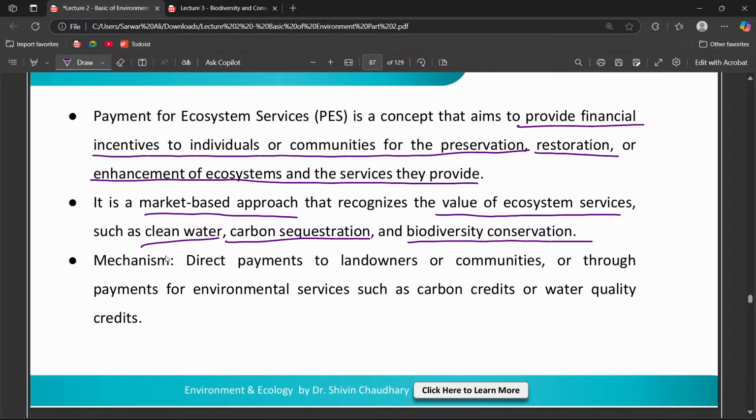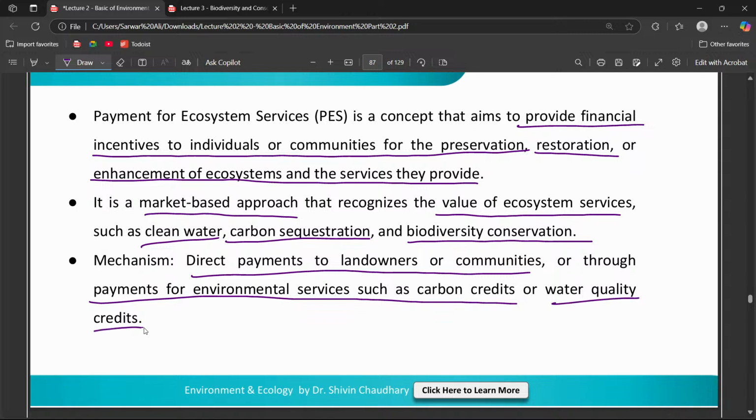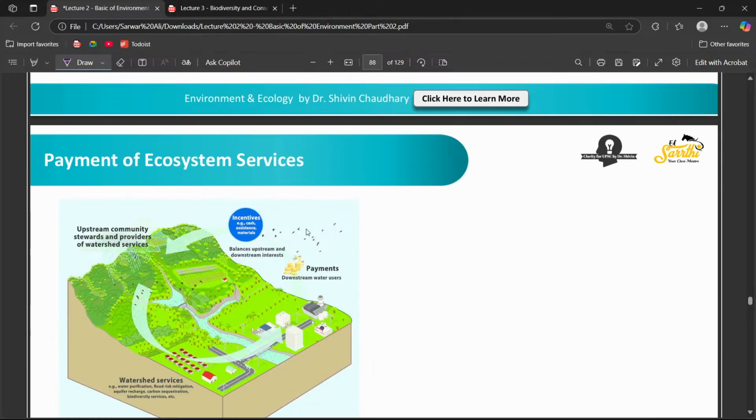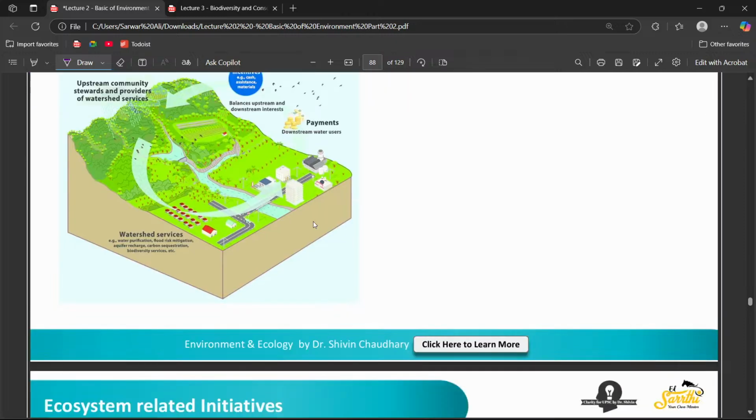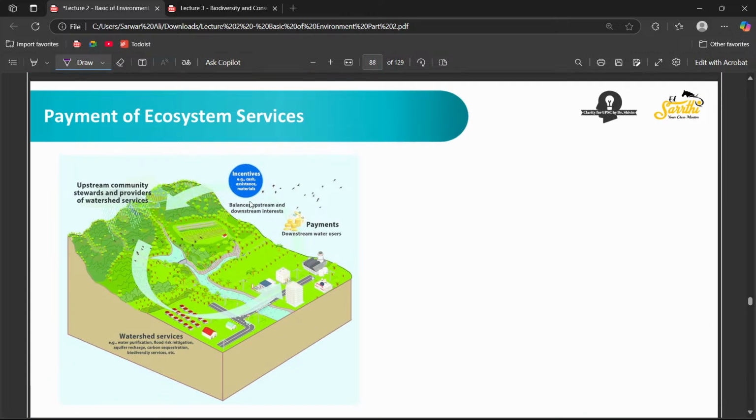So, the mechanism: direct payments to landowners or communities, or through payments for environmental services such as carbon credits, water quality credits. So this is how we are asking to make payments. We are incentivizing. What are we doing here?